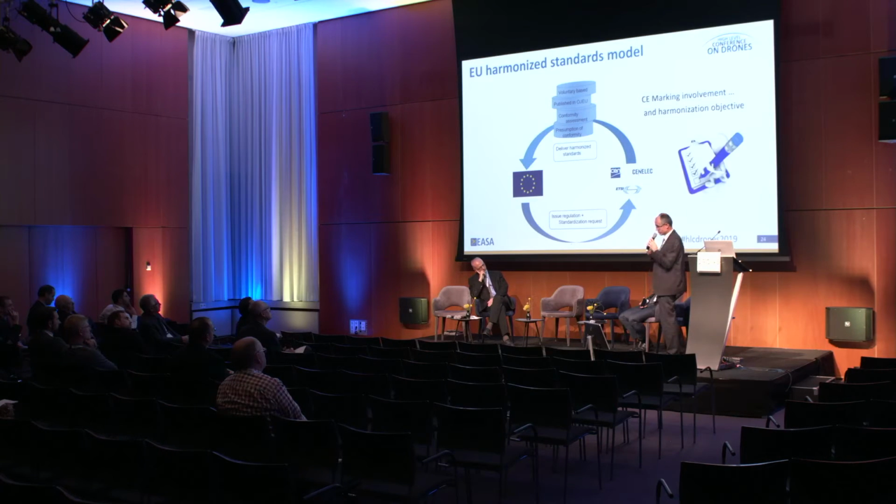Where we are currently, we are involving all the industry in this process, including for the CE marking definition, and of course the purpose for us is to be harmonized. So we have to involve the industry largely and be representative of what is happening in Europe.